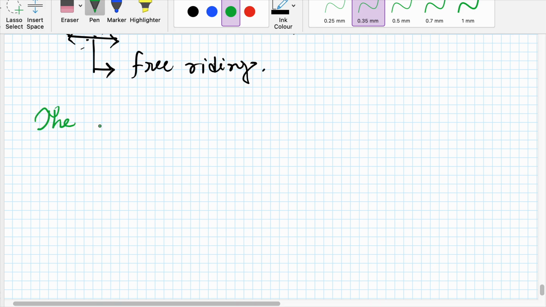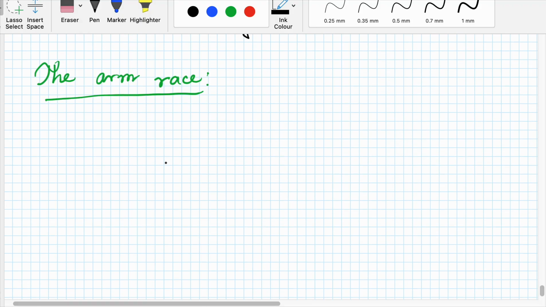The arms race. Now suppose that there are two neighboring countries. Now everyone wants to build an arsenal of nuclear bombs.